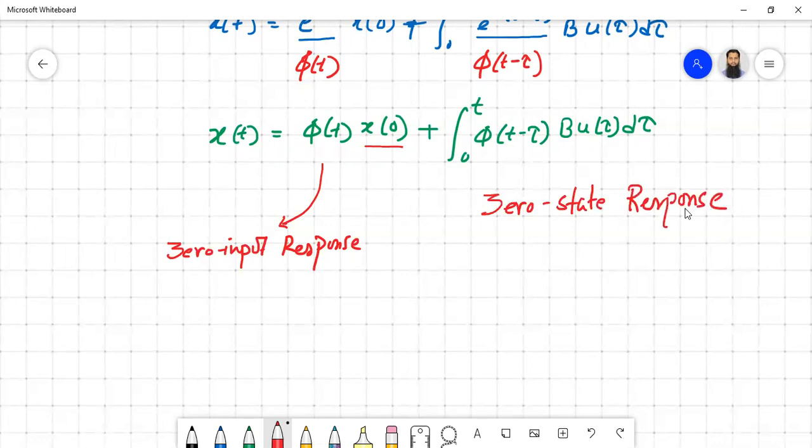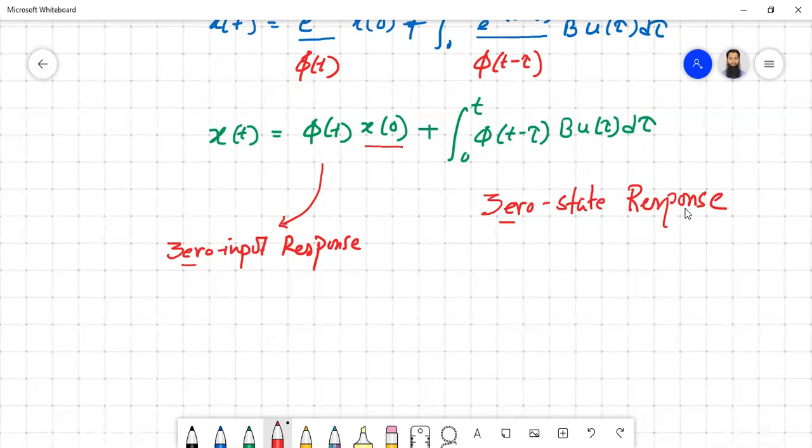Okay, but according to my understanding, it would have been really better if we could say it state zero response. But I think they used the same ideology starting with the zero. That is why they kept it zero state response. But don't worry.